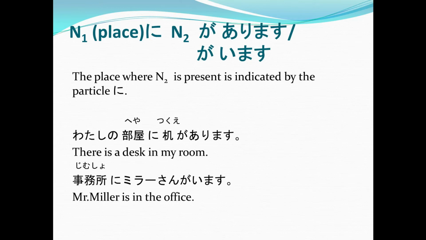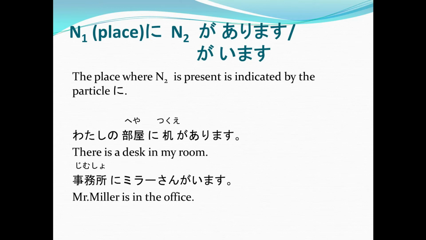Mira-san is noun 2, ga imasu, because he exists as an animate. Remember, noun 1, the office, is where noun 2, Mira-san, exists. Wakarimashita? Wakarimashita, sensei.